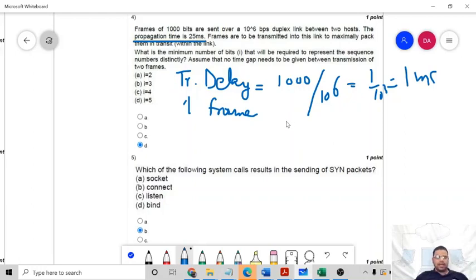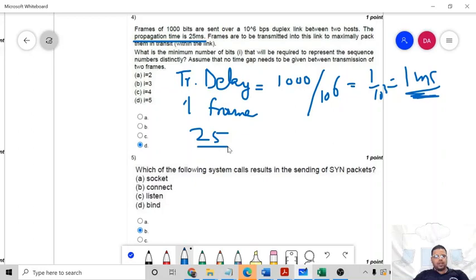So the sender can at most transfer 25 frames before the first frame reaches the destination. Okay. So here we have 25 different frames because the transmission delay is 1 millisecond and the propagation time is 25.